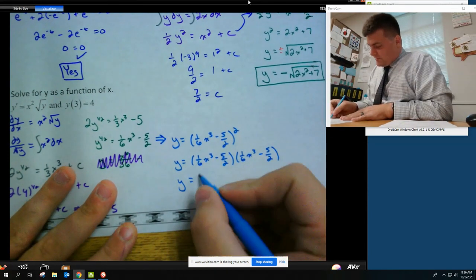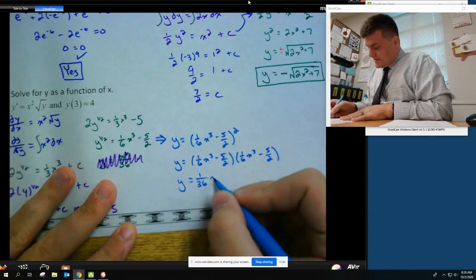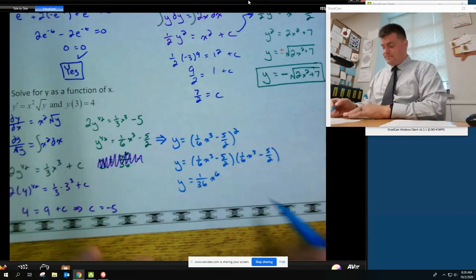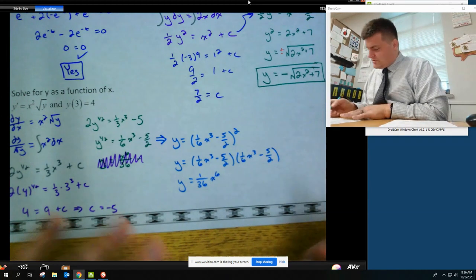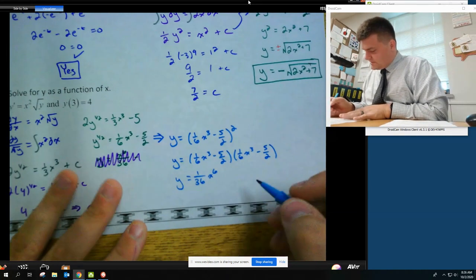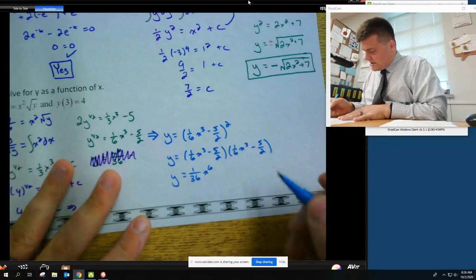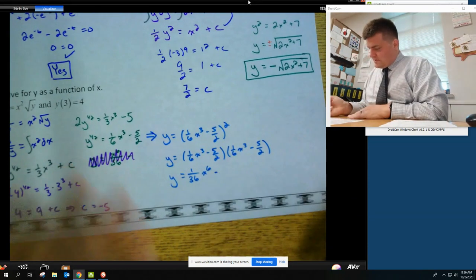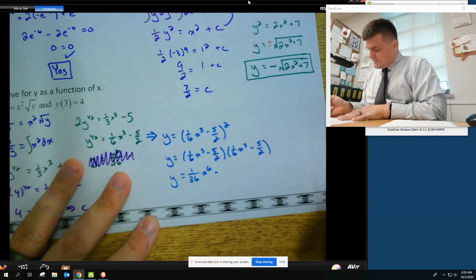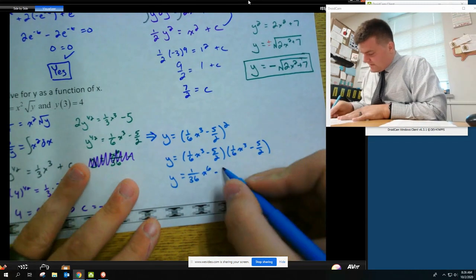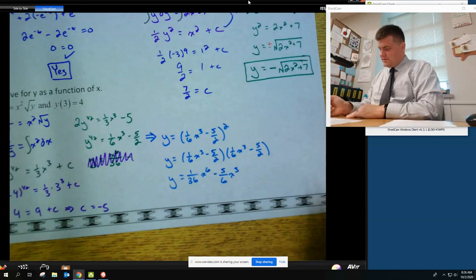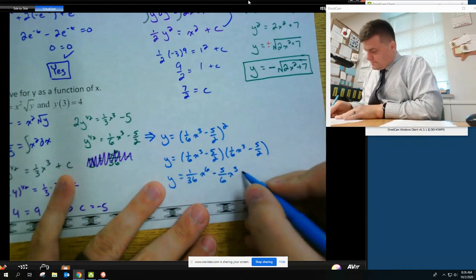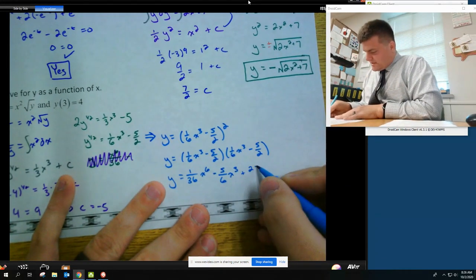So this is now going to give me my 1 over 36 x to the 6th. I'm going to use my little cheat sheet here because, oh, well, of course, my cheat sheet has different stuff because they did smarter things than what I did. Minus 5/6 x cubed plus 25 over 4.